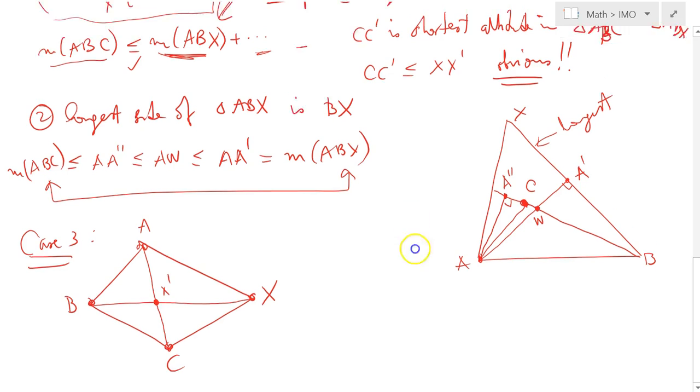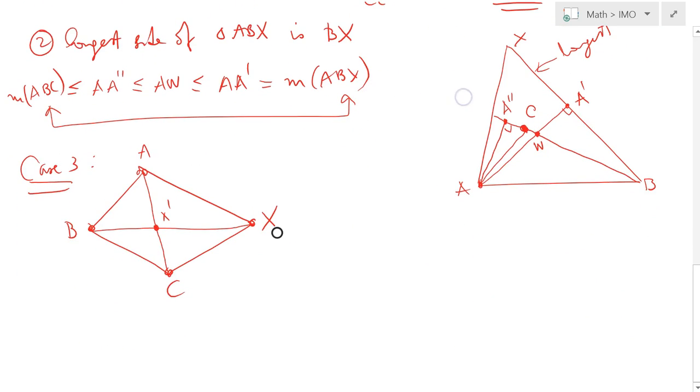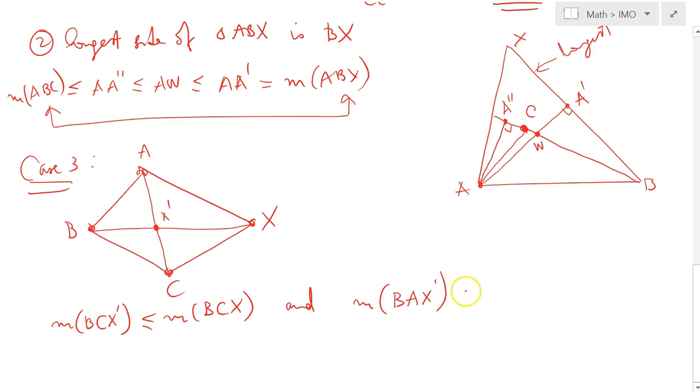According to the claim we got earlier, M of BCX prime is less than or equal to M of BCX, because X prime is inside or on the boundary of triangle BCX. Also, by the claim for case 2, M of BAX prime is less than or equal to M of BAX, because X prime is inside BAX.